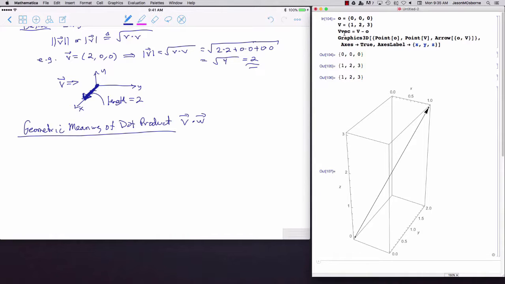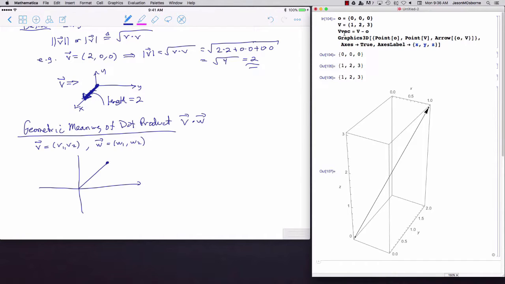Okay, so let's say that our vector v, let me just think that these vectors, just for illustration purposes, are vectors in the xy plane. So here is the xy plane.